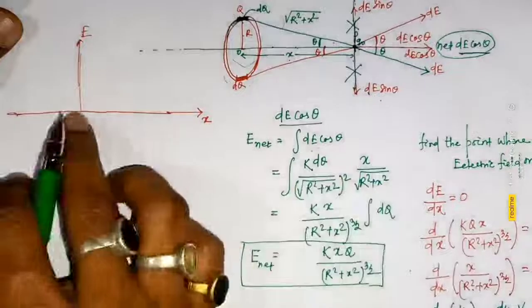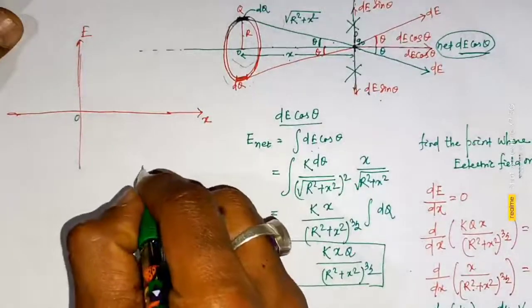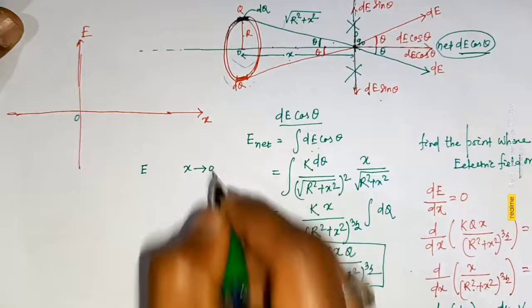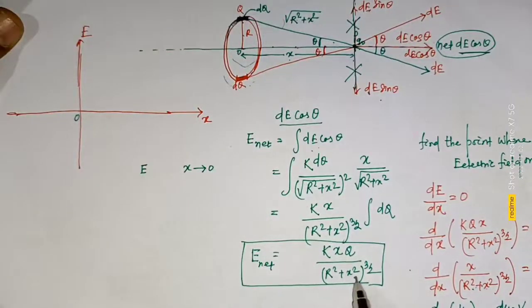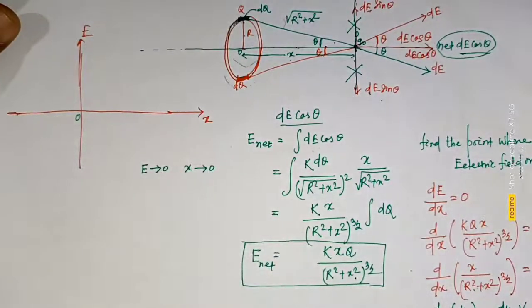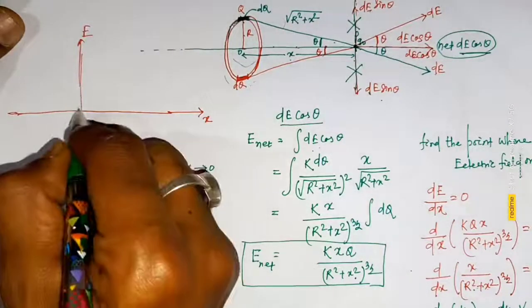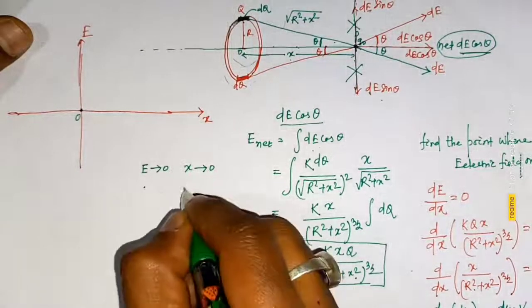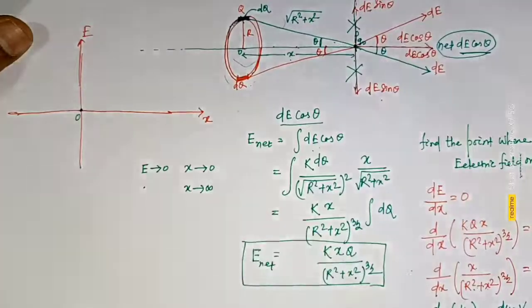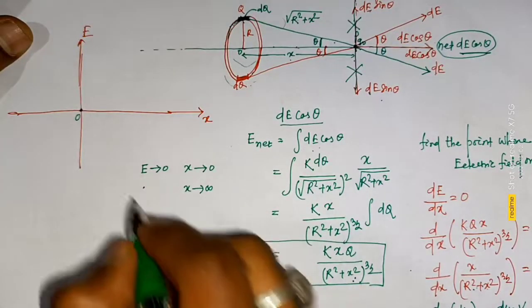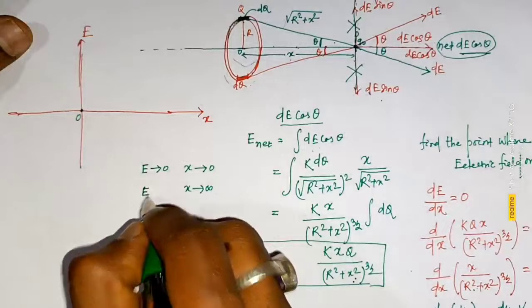When I put x as 0, the electric field comes to 0. It means at x equals 0, the electric field starts here. When x tends to infinity, we put infinity here and the net electric field also comes to 0.